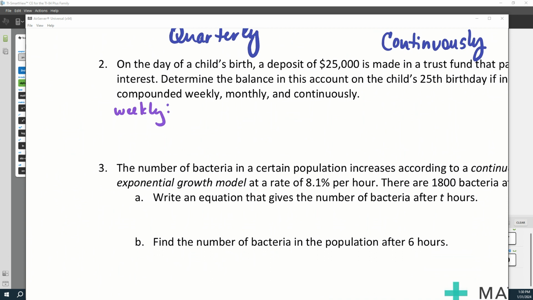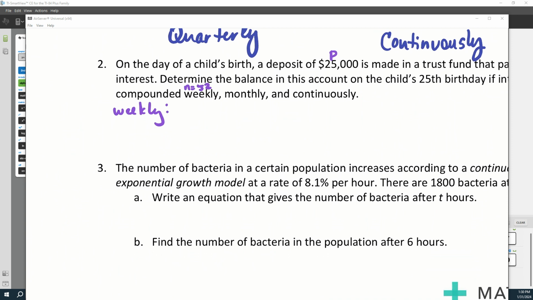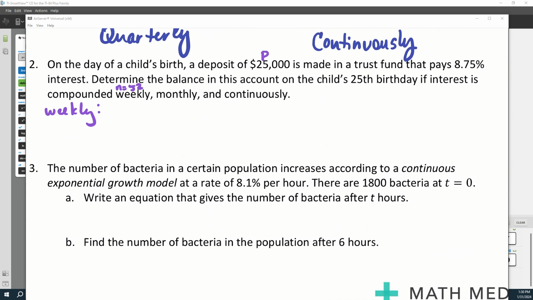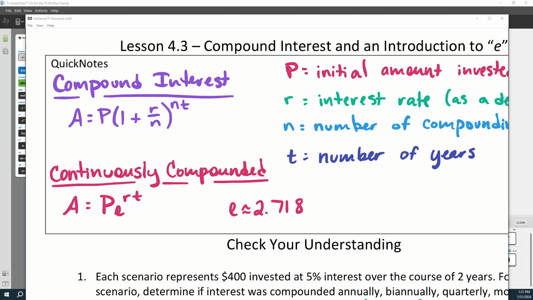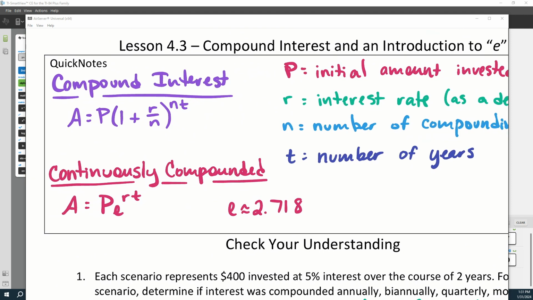All right, so weekly is going to be 52 times a year, every week. P is going to be $25,000. And then R is going to be 0.0875. And for weekly, we're going to put it into this purple formula, the compound interest formula.